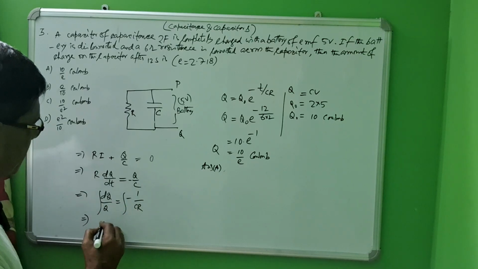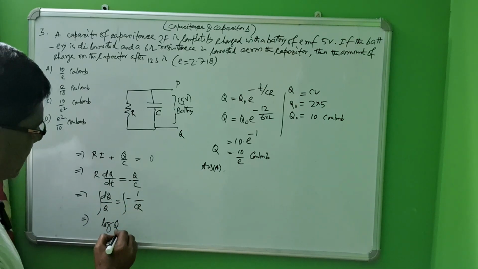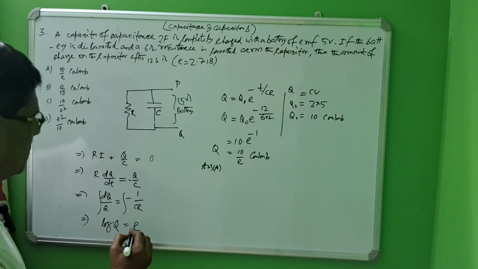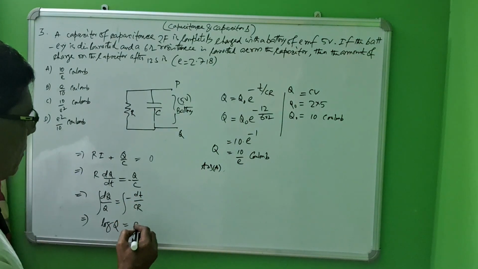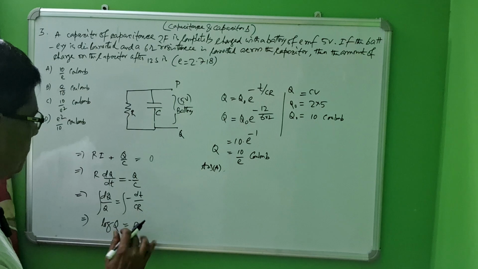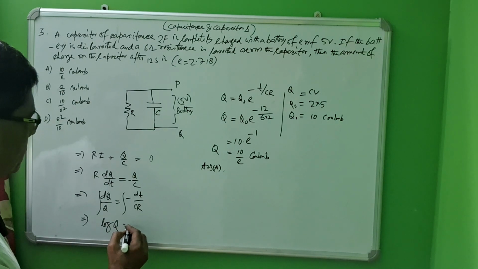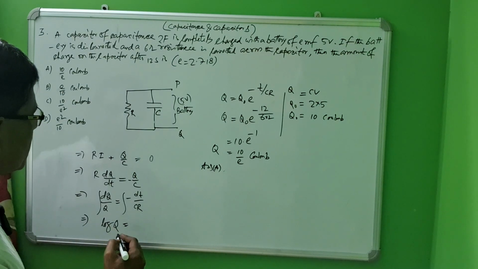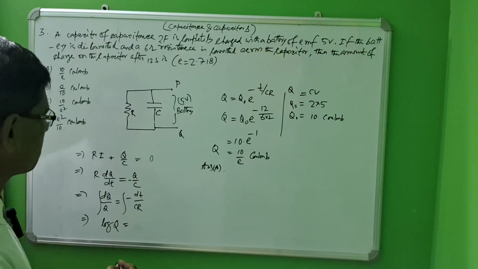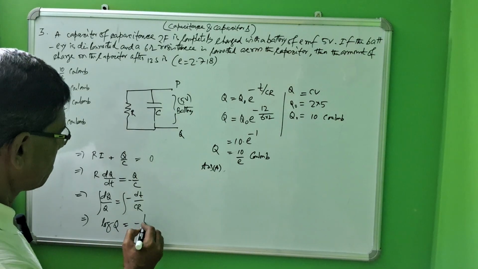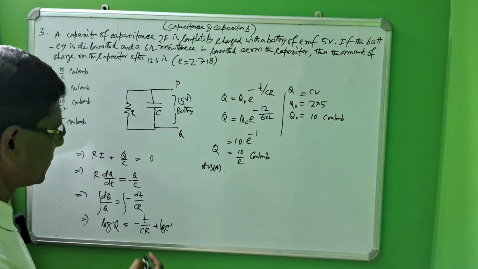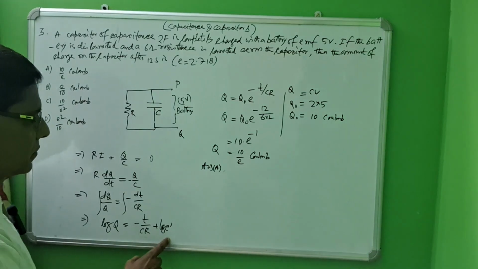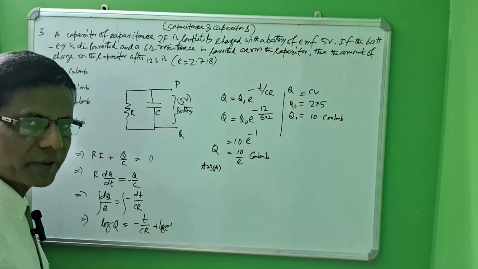Integrating both sides we get log Q equals minus t upon CR plus log C dash, where this is the arbitrary constant.